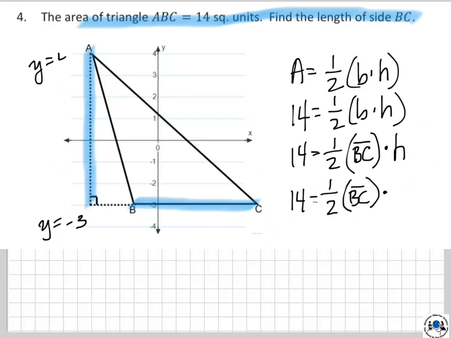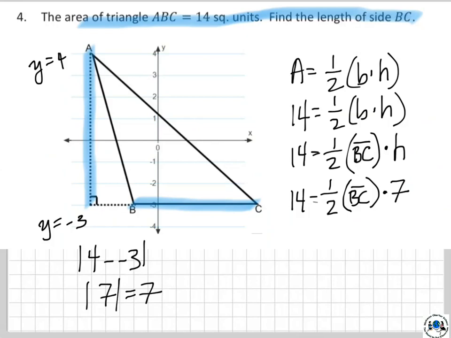Okay, and if we go ahead and look, we're going to see what the height of this triangle is. We can see the height of it by extending it out into a 90 degree angle. And if we do that, we don't actually need ordered pairs.